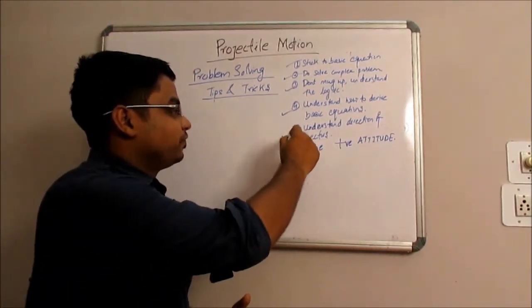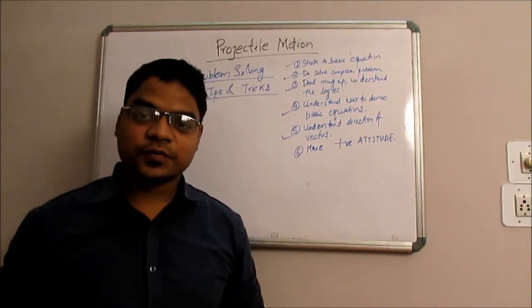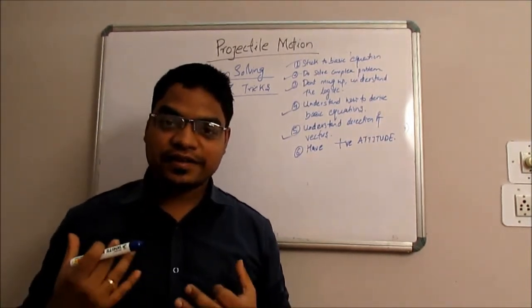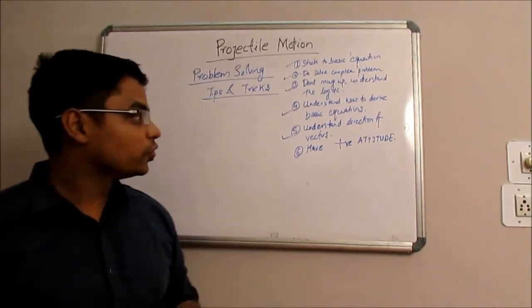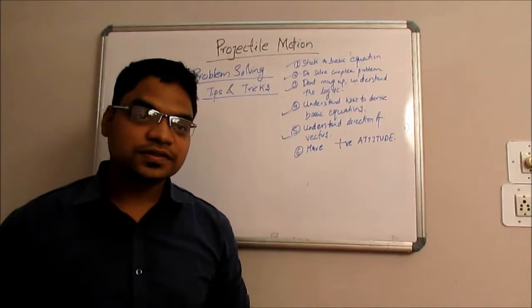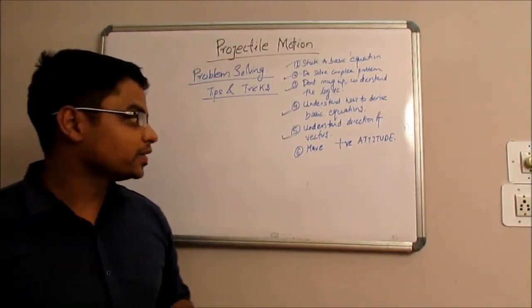And the fifth one is understanding the direction of vectors. Generally, students have problems with the direction of vectors. So if you understand the derivation of basic equations, lots of your doubts will be over, I think.